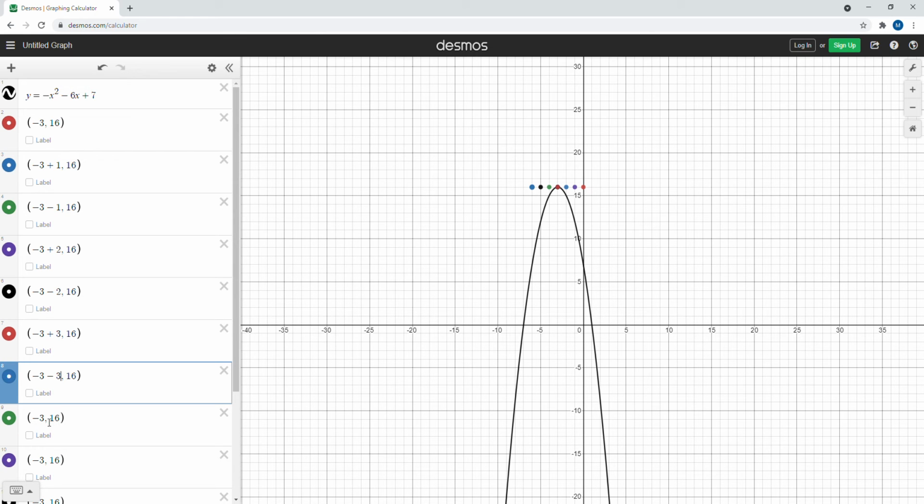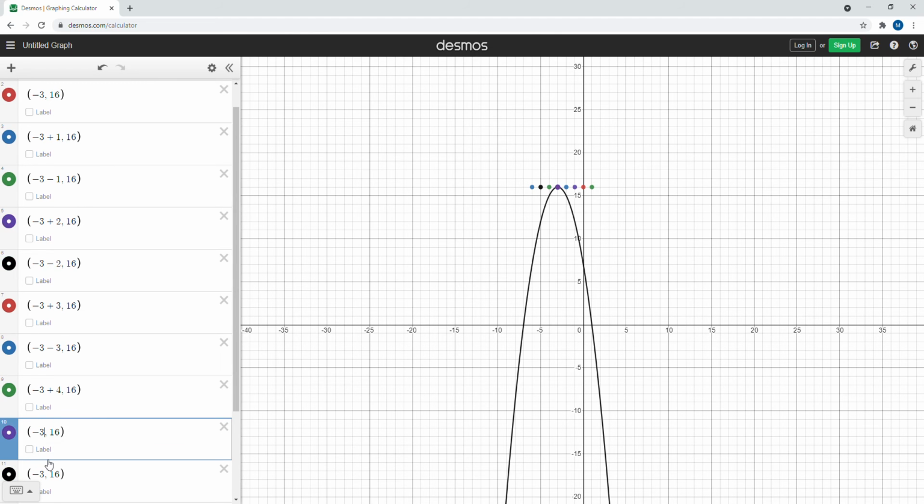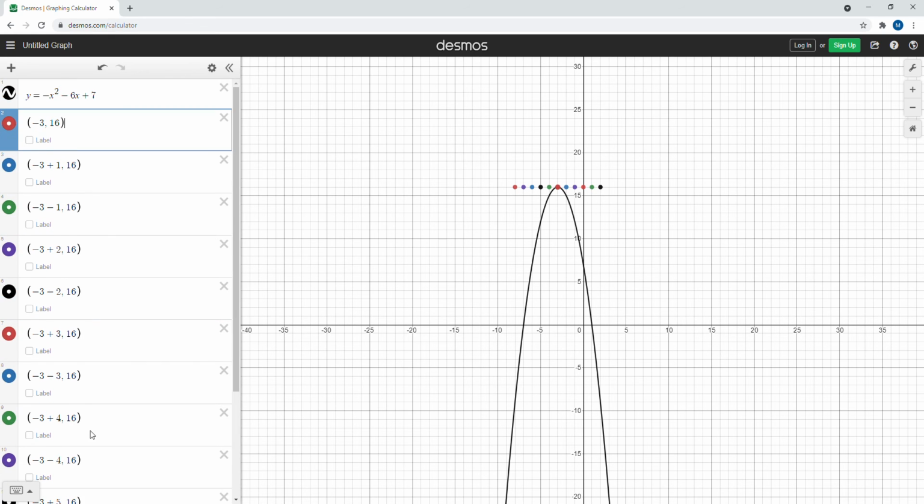Then we will add 4, and then subtract 4. Then we will add 5, and subtract 5. And that is all of the points that we're going to need to be able to plot 5 points to the right of the vertex and 5 points to the left of the vertex.